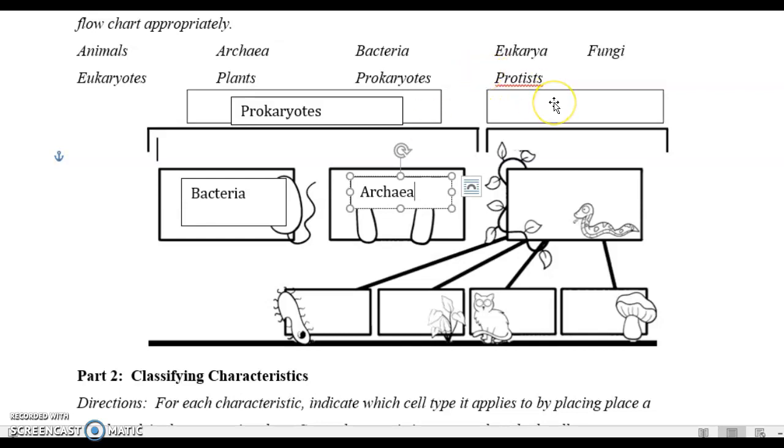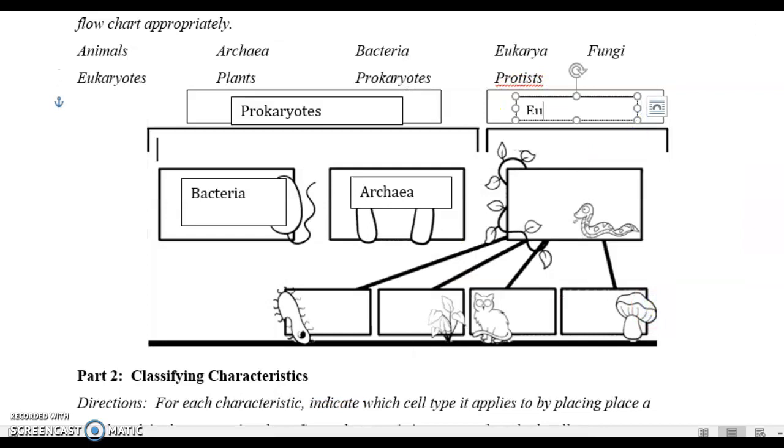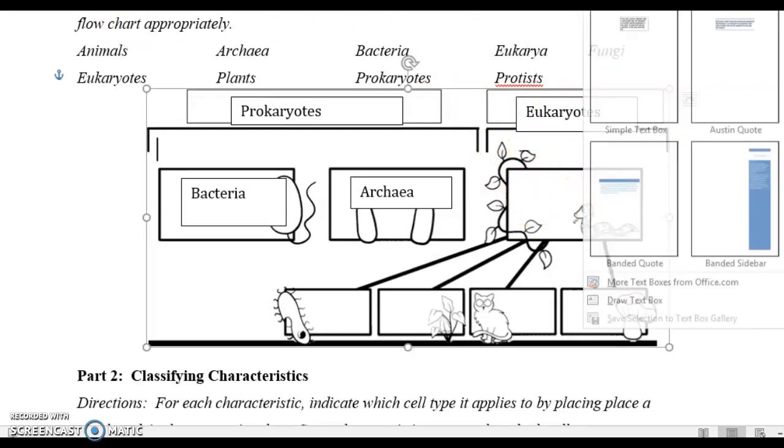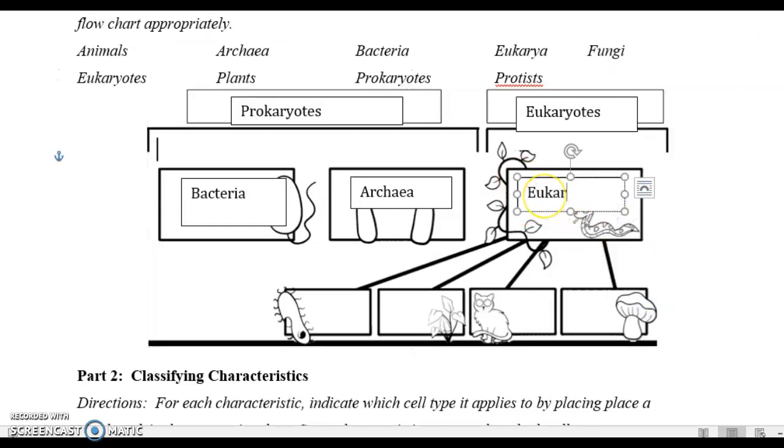Then that means that over here we have our eukaryotes, which contains eukarya. And then there are 4 examples of things that are eukarya down here.